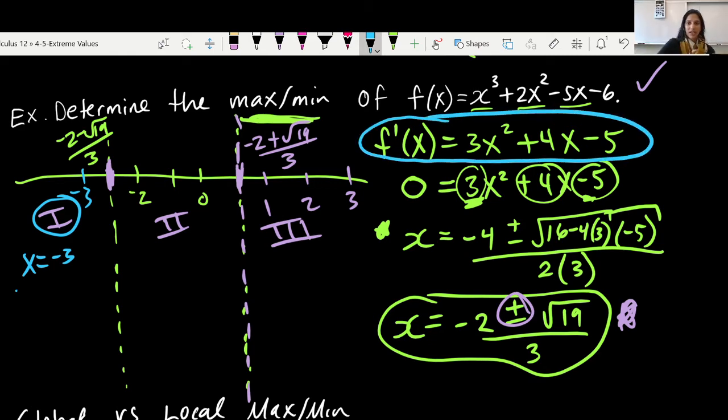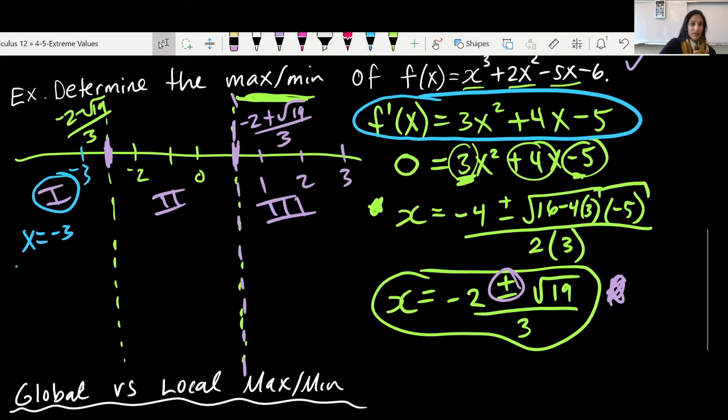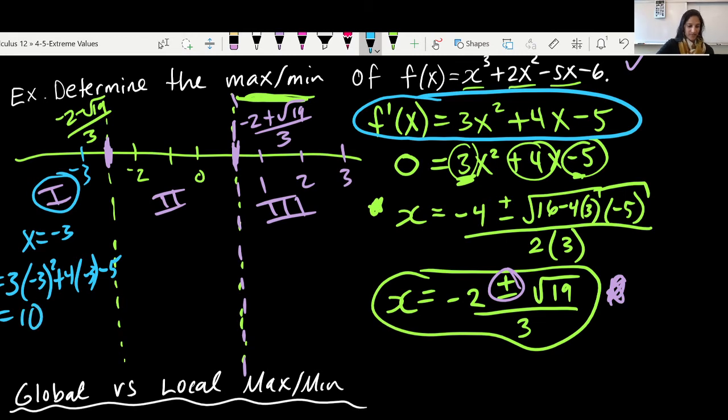So 3 times -3 squared plus 4 times -3 minus 5. When I plug that in, I get a value of 10, which is greater than 0. So I know here my value is increasing. So that helps me with the first portion.